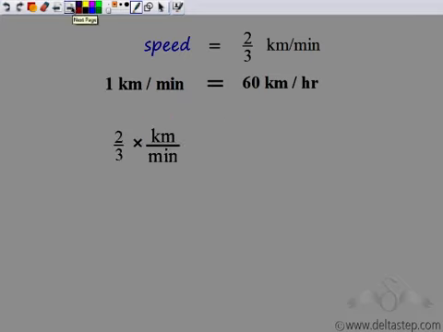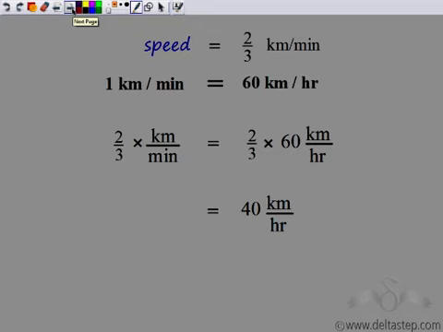Now this is equal to 20, so this gives me 40 kilometers per hour. So I've seen that this speed, which was 2 by 3 kilometers per minute, is nothing but 40 kilometers per hour.